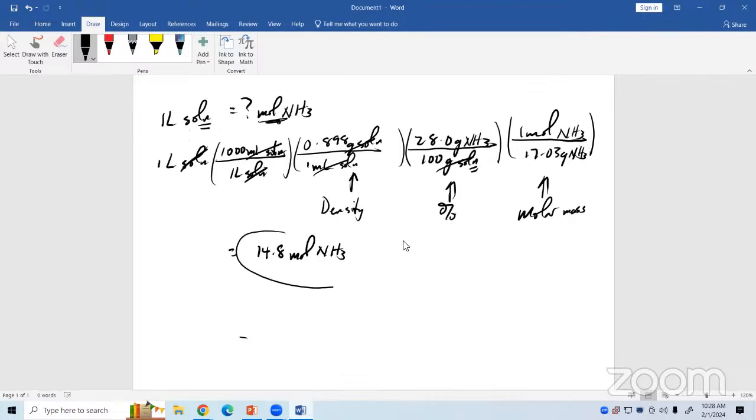So this is the moles of ammonia that is present in 1 liter of solution. Therefore, we can conclude that the molarity of the solution is equal to 14.8 M, or moles per liter. And that's how that is done. All right? Okay, any questions about this one? Any questions?